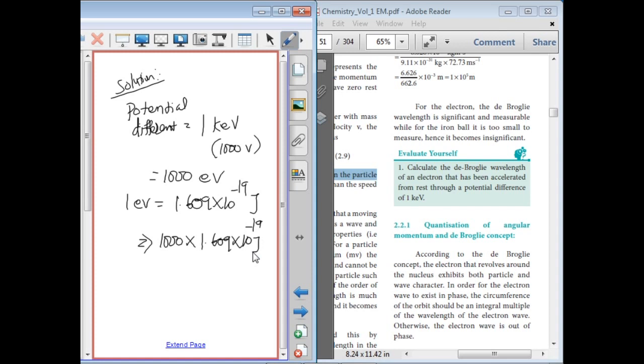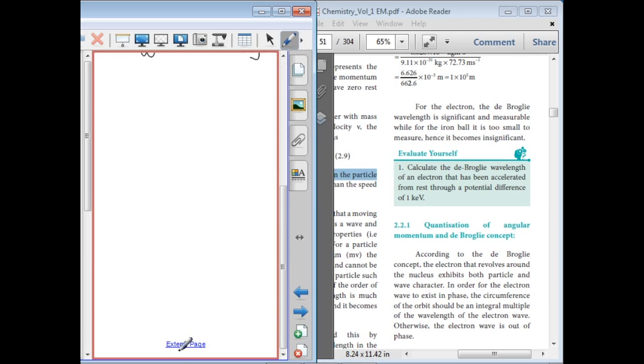So the energy equals 1.609 into 10 power minus 16 joule, because 10 power 3 times 10 power minus 19 gives minus 16 joule.